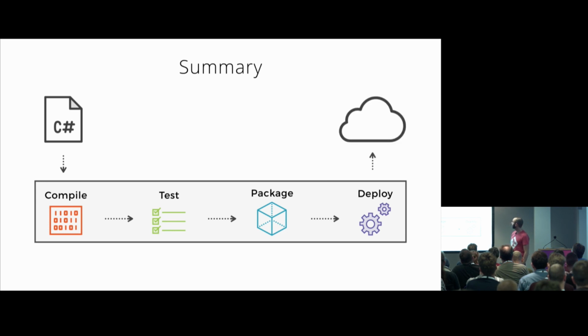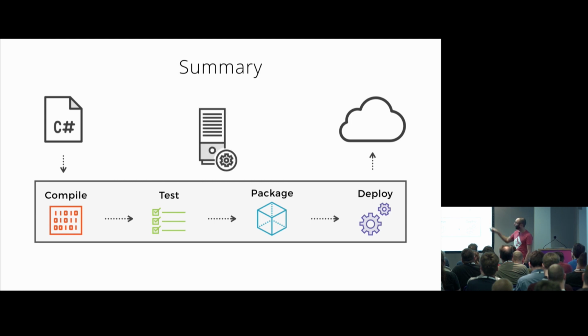And ultimately, we deployed it to an Azure website. But this could be your own on-premise IIS server as well. It doesn't have to be Azure, because it turns out that you can run Kudu outside Azure. It's just an ASP.NET web application that runs on top of your website. So you can install Kudu outside of Azure on your IIS as well.